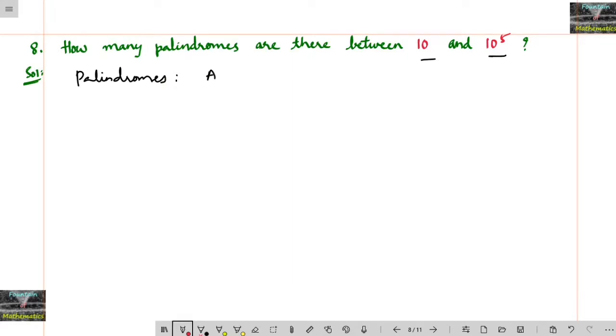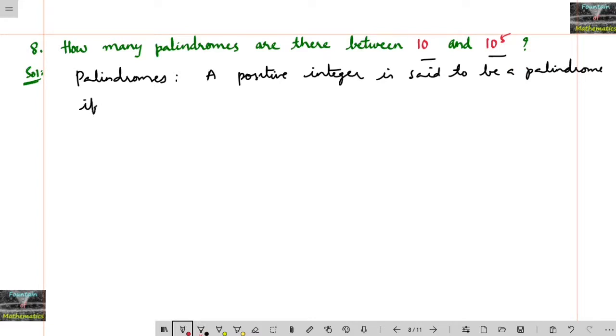A positive integer is said to be a palindrome if it reads the same number backward as forward.